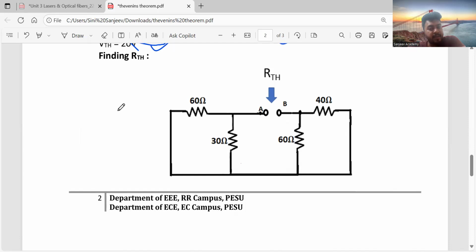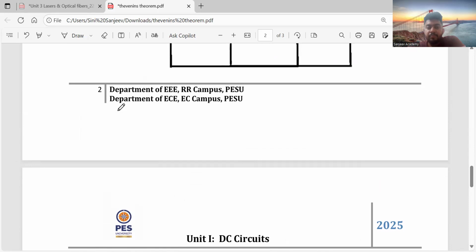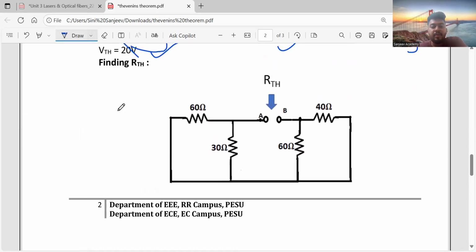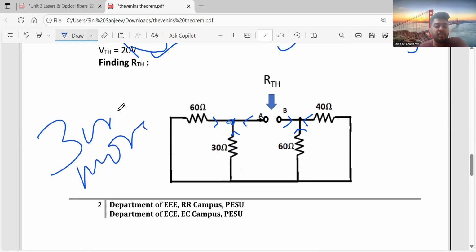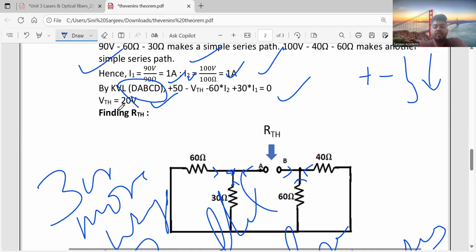Then to find RTH. If I take this junction, current can enter in how many ways? 3 ways. In a junction with 3 or more ways, it is parallel.